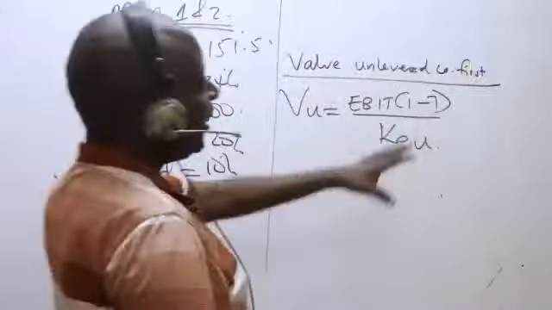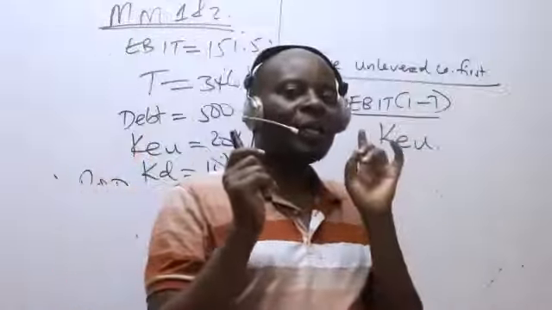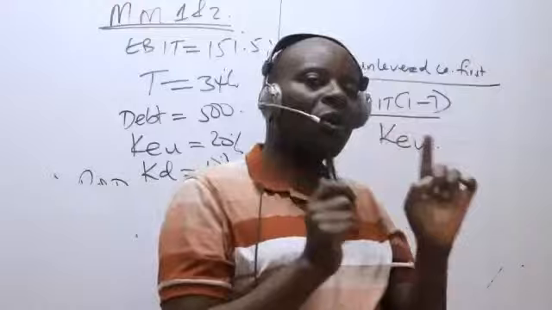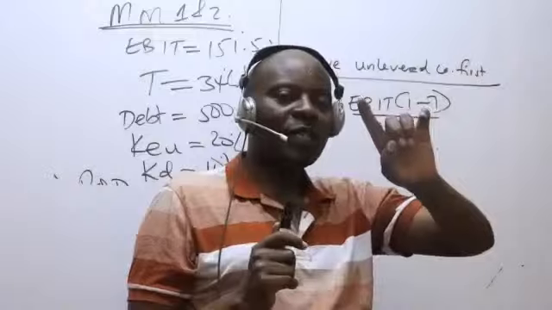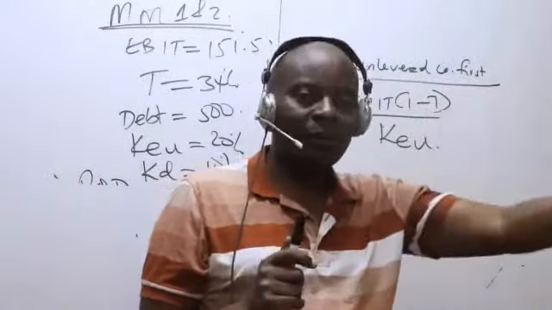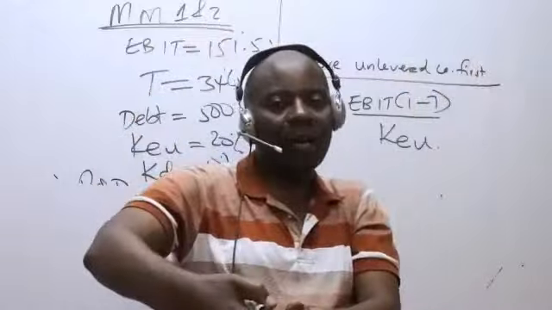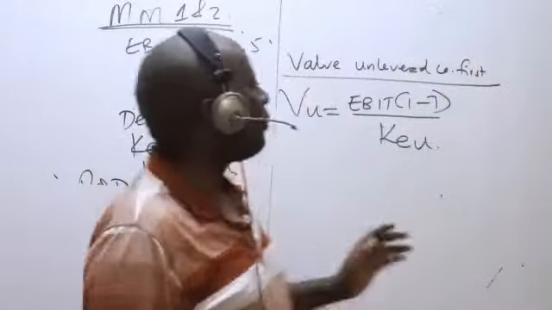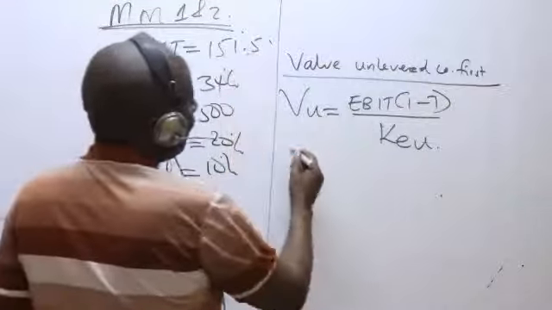Like the one that we did, remember, one of the assumptions of MM is that the company will be a going concern in the long term. N is infinity. So you're taking amount divided by cost of capital. Have they given me EBIT here? Oh yes, EBIT is 151.5.